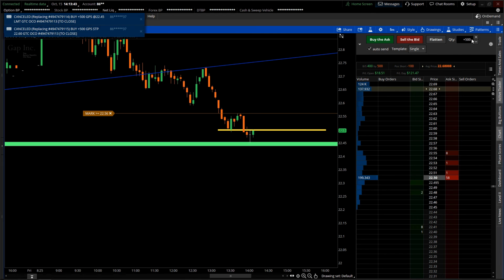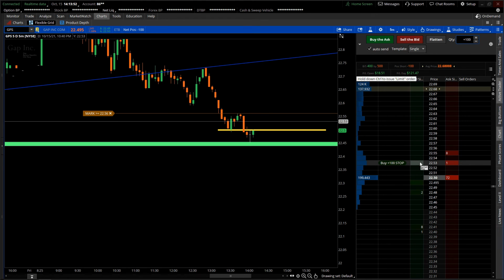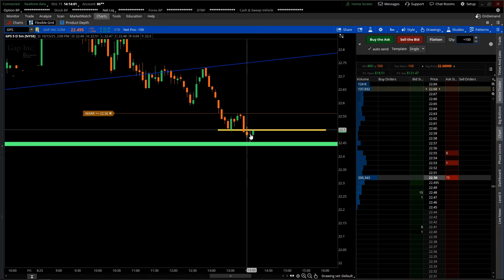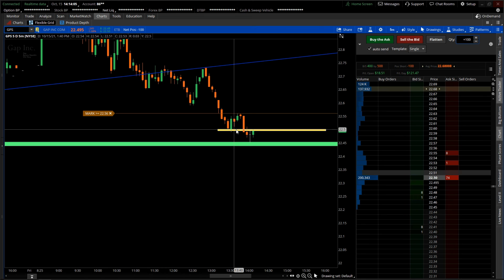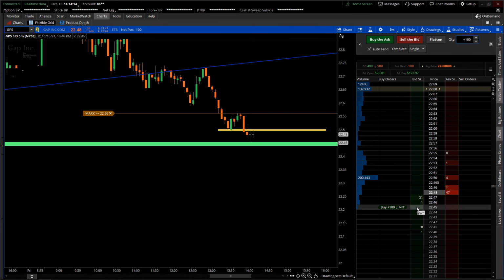And so 100. It's literally right here at a wannabe support resistance level. Come on. Keep coming. Drop.